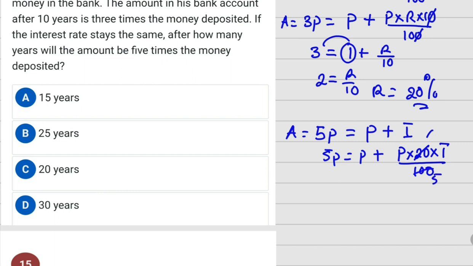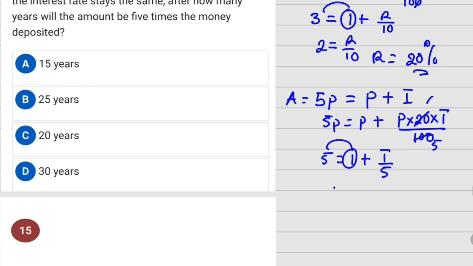Of course, if you divide through by P, you are going to have 5 is equal to 1 plus T over 5. Now, 1 coming here, we have 4 is equal to T over 5. Cross multiplying, T is going to be what? 20. And 20 what? 20 years. So that is how we work this. And of course, we have our 20 years to be C. So our answer is C. So let's go to number 15.